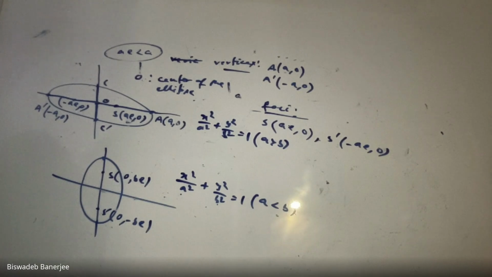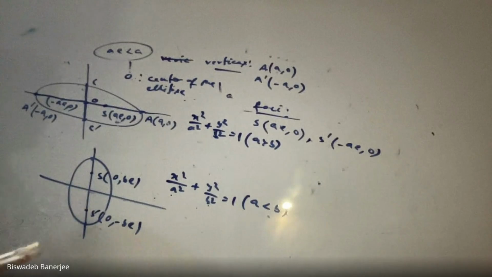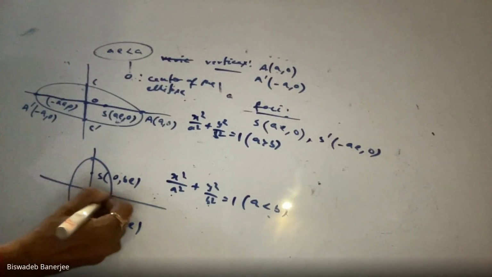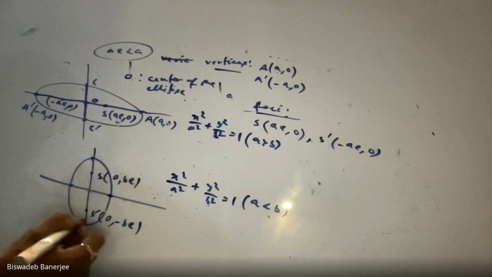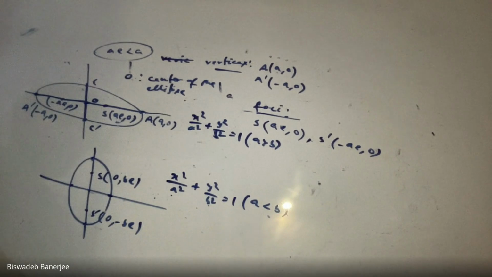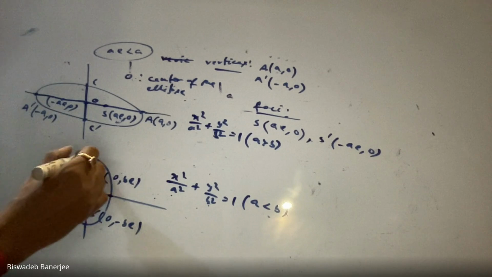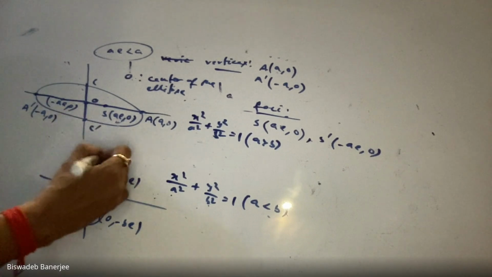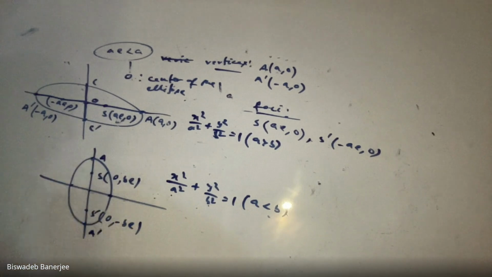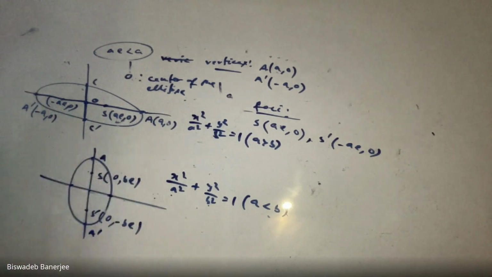If you look at this diagram, there is my center, and what is my major axis? There is my major axis. Why is it the major axis? Because you know, the major axis always passes through the focus.